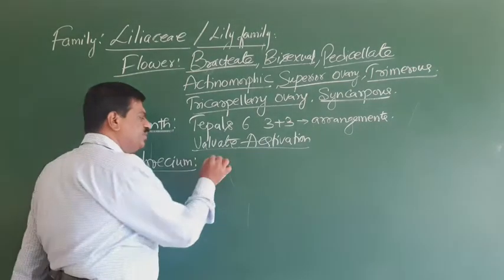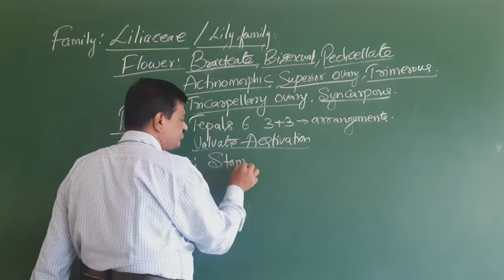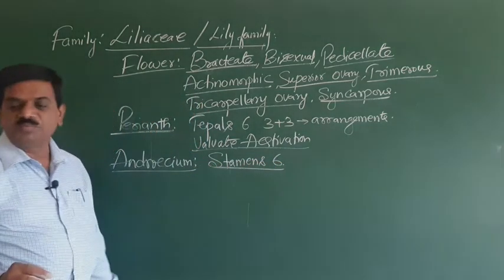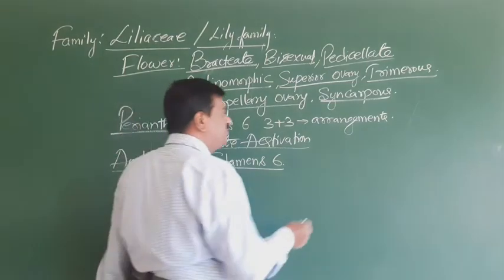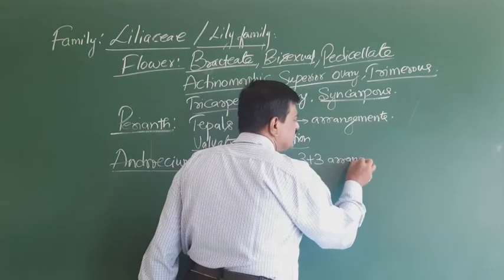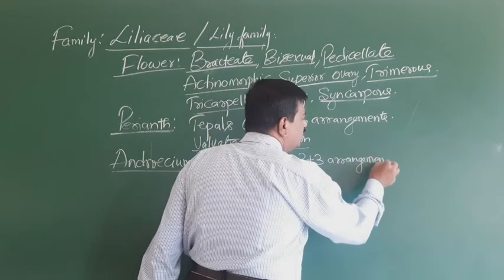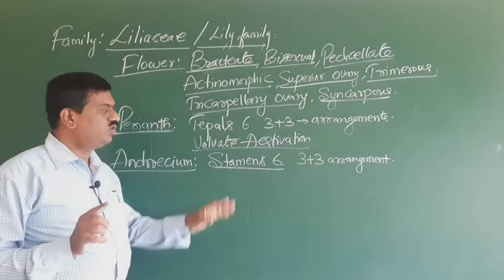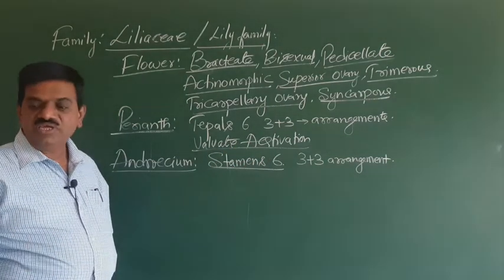So here the stamens are again 6. Stamens, 6 stamens have been present, and again the arrangement is 3 plus 3 arrangement. So in one whorl 3 will be there, in the other whorl 3 will be present, hence it is called as 3 plus 3 arrangement.